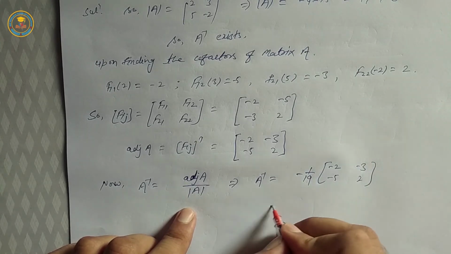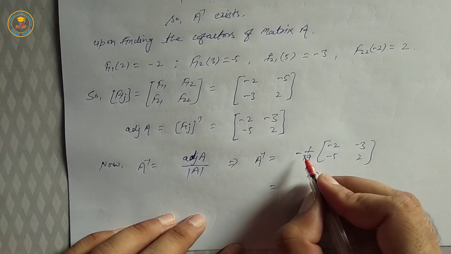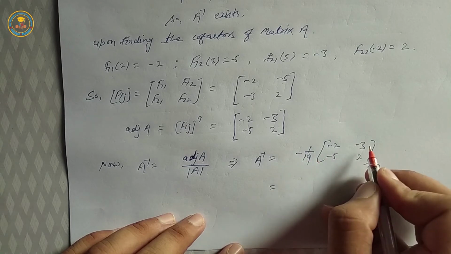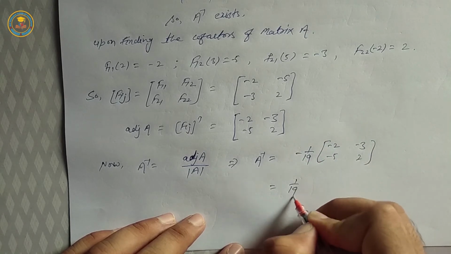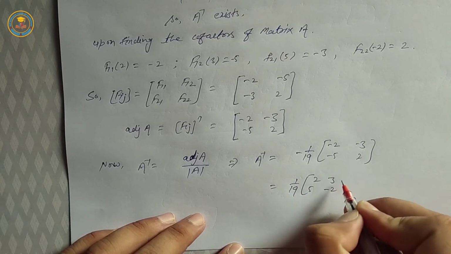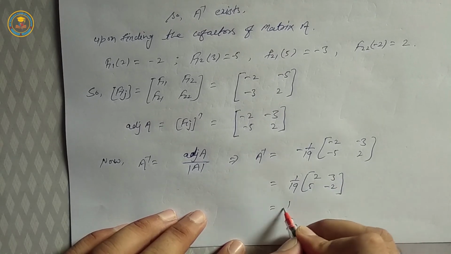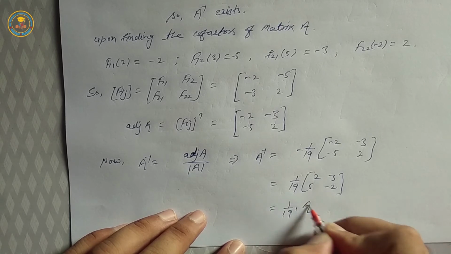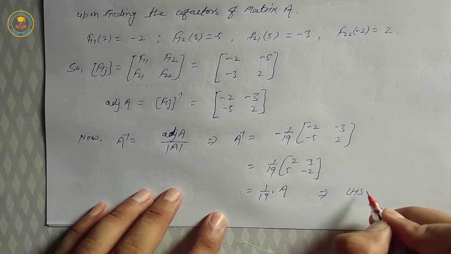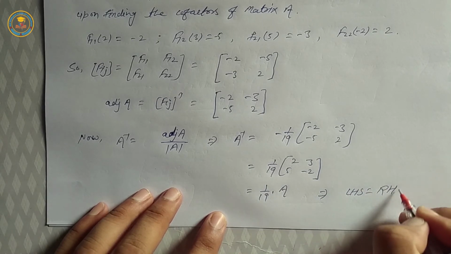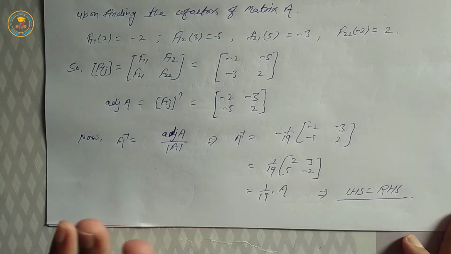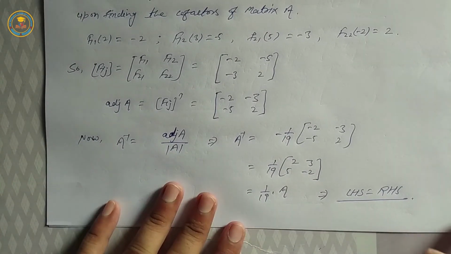Okay, it means 1 upon 19 into 2, 3, 5, -2, which is equal to 1 upon 19 into matrix A. Okay, implies LHS is equal to RHS. As proved. Question number 8 complete.